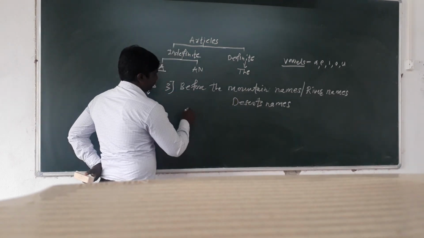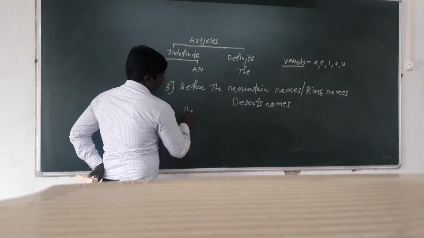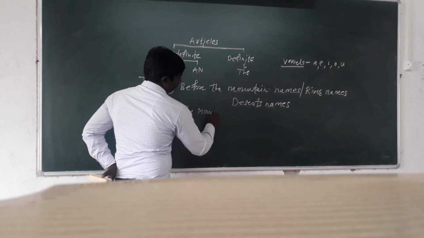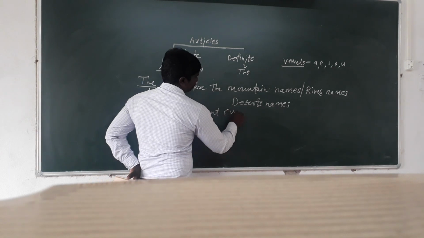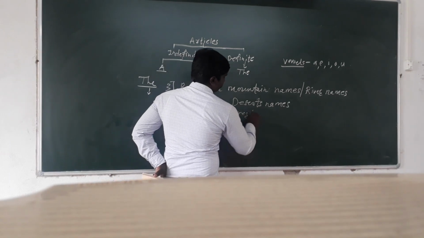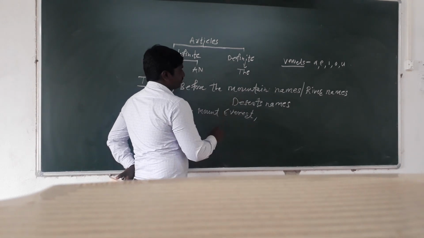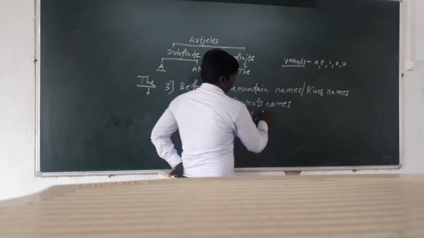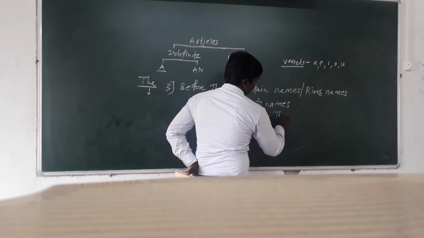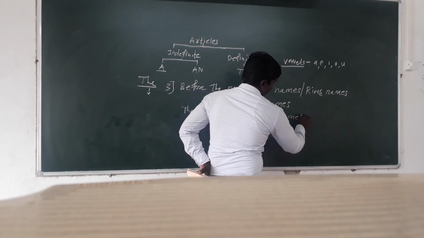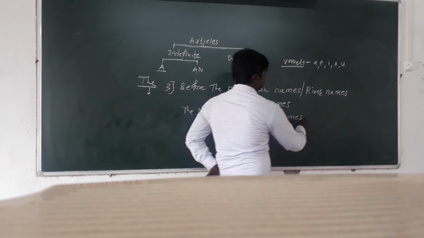For example, the Mount Everest. Mount Everest is the name of a mountain. The Thames. Thames is the name of a river.